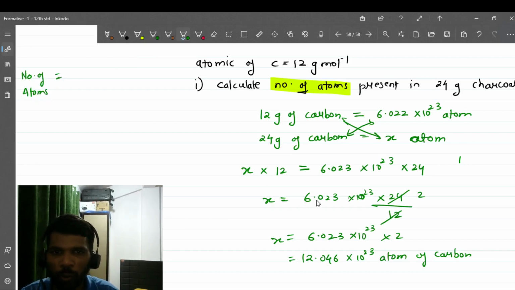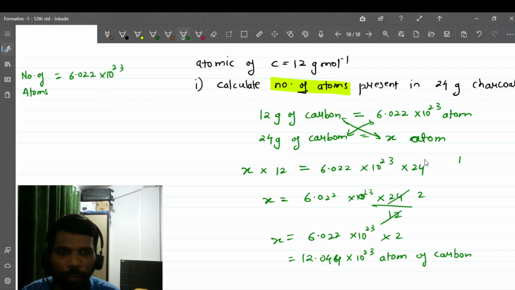What is this? Avogadro number. This is a constant, 6.022 into 10 raised to 23.